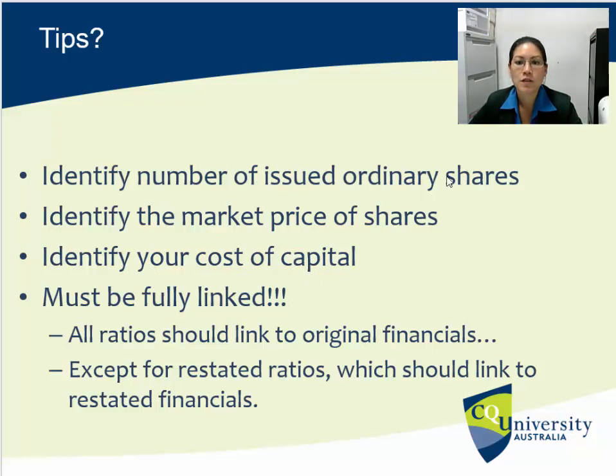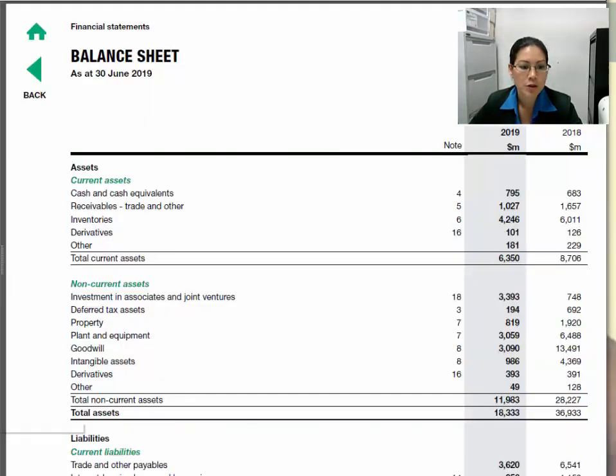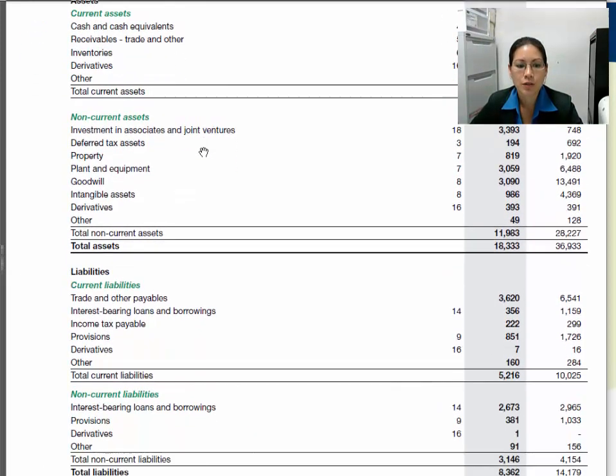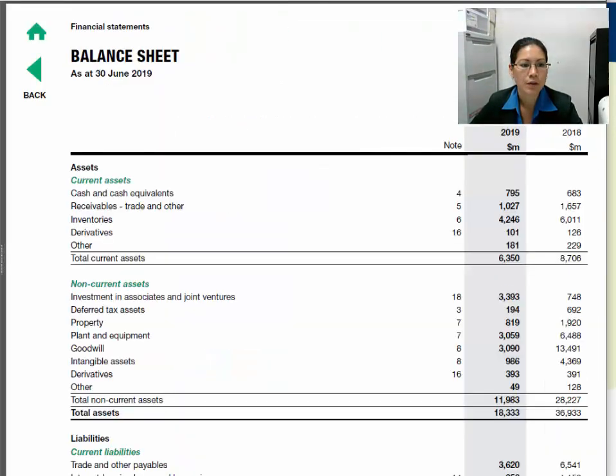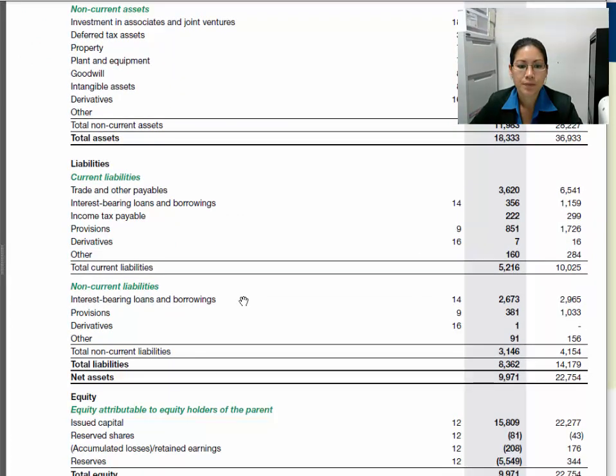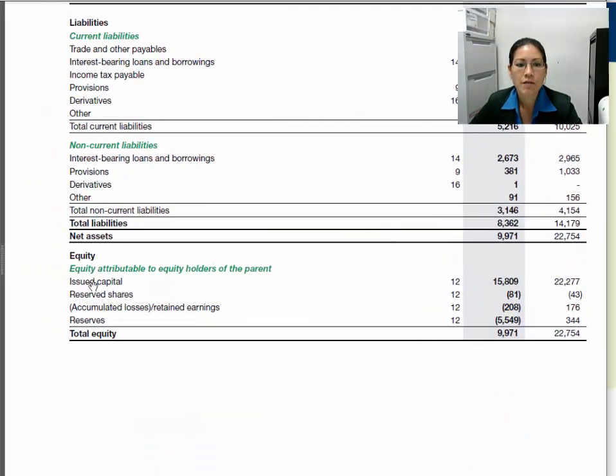So let's search our annual reports, our financial reports, for the number of issued ordinary shares. So first things first, I'm going to go to my 2019 annual report, straight to the balance sheet for equity. We scroll down till we get to the section on equity and just see if they have, hang on, here it is. So just see if they have listed something that says ordinary shares, issued capital, something similar that indicates the shareholders' contributions.